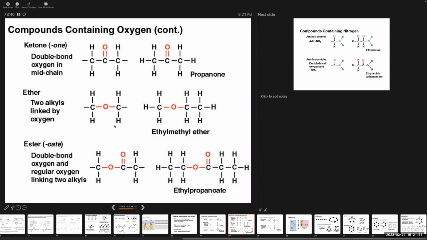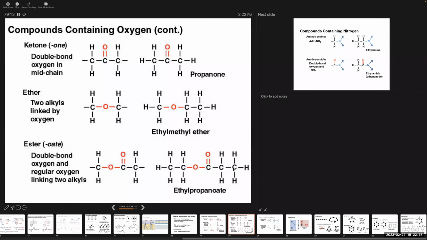An ester is a little bit like an ether in the sense that you are joining two alkyl groups together, but instead of just joining them by an oxygen, there's also this double bonded oxygen on one of them. Here we see an example where we've got an ethyl group on one side and a propyl group on the other side.